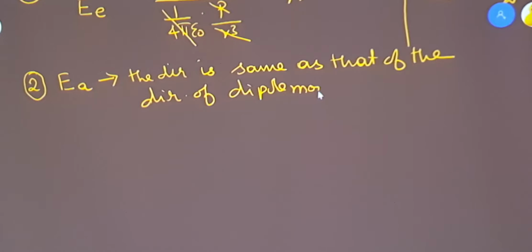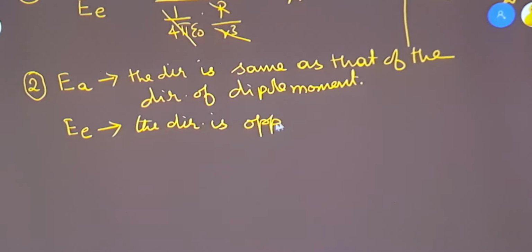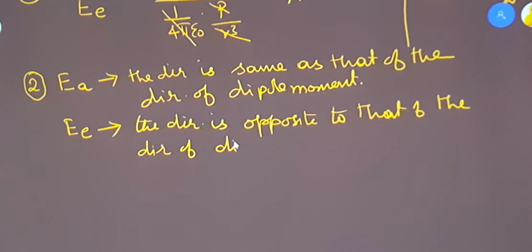The electrical field at a point along the equatorial line has a direction opposite to that of the dipole moment. So this is the second inference.